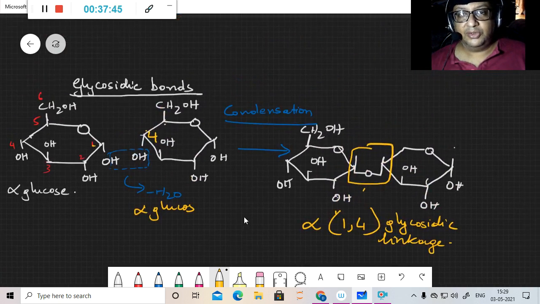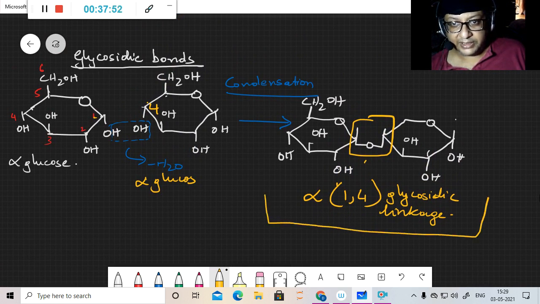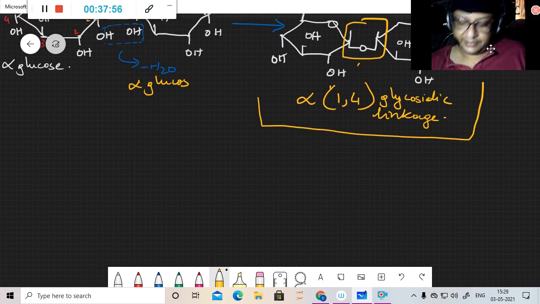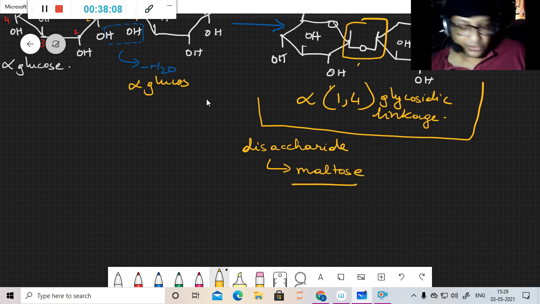So this is all about it. Now when this is formed, this is the molecule which is formed over here. This is a disaccharide known as maltose. Two alpha glucoses joined together.